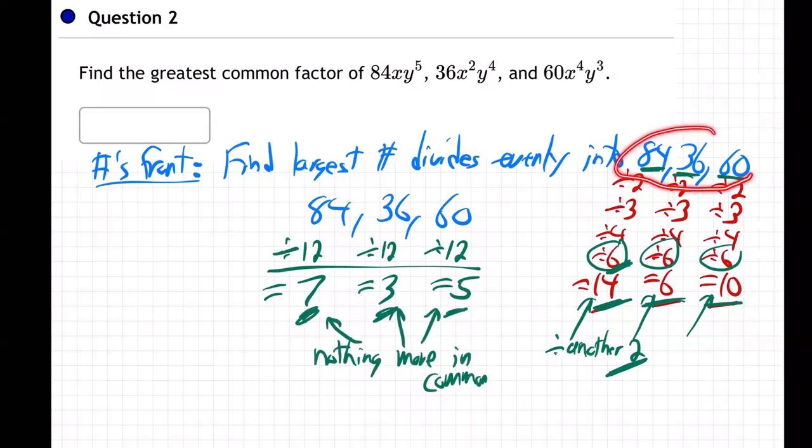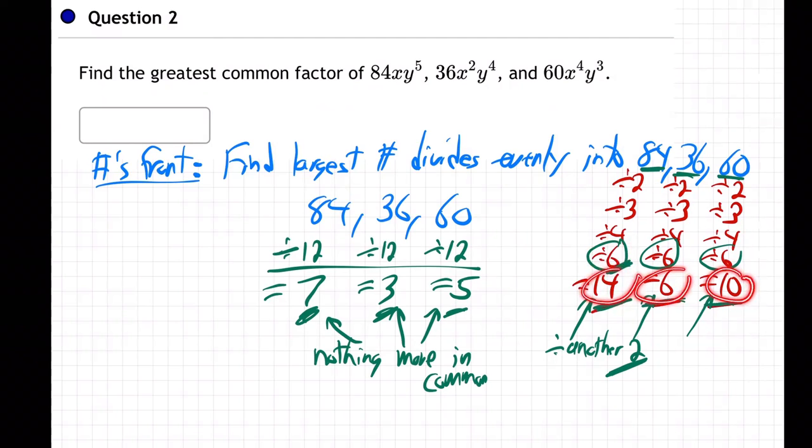So I looked at these 3 fairly large numbers, and I started with my calculator to try to find the biggest number, the greatest common factor, the largest number that divides evenly into all 3 of them. I said, well, they're all divisible by 2. Tried that on my calculator, it worked. Then I did 3, 4, 6. When I got to 6, I noticed that when I divide by 6, here's the 3 answers I get.